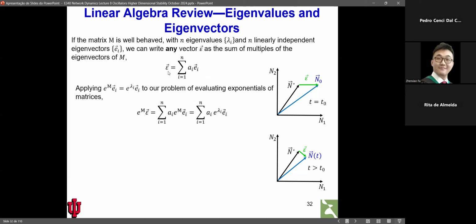So if I have this epsilon as the sum of AI times EI, and if I apply M now, you see, epsilon is not an eigenvector anymore because you have a linear combination of the eigenvectors. And then when you apply the e to M here, you have a sum that is going to be like that, right? Because here you have e to lambda I, and then you have EI.